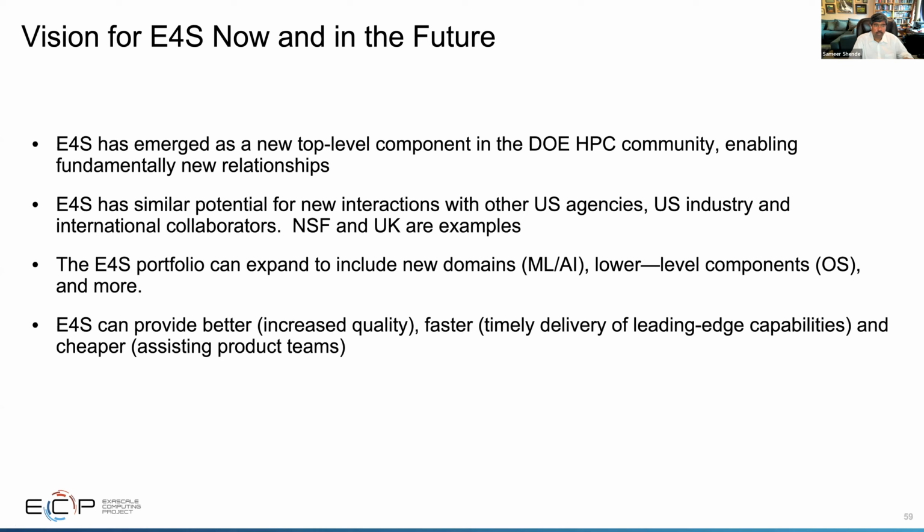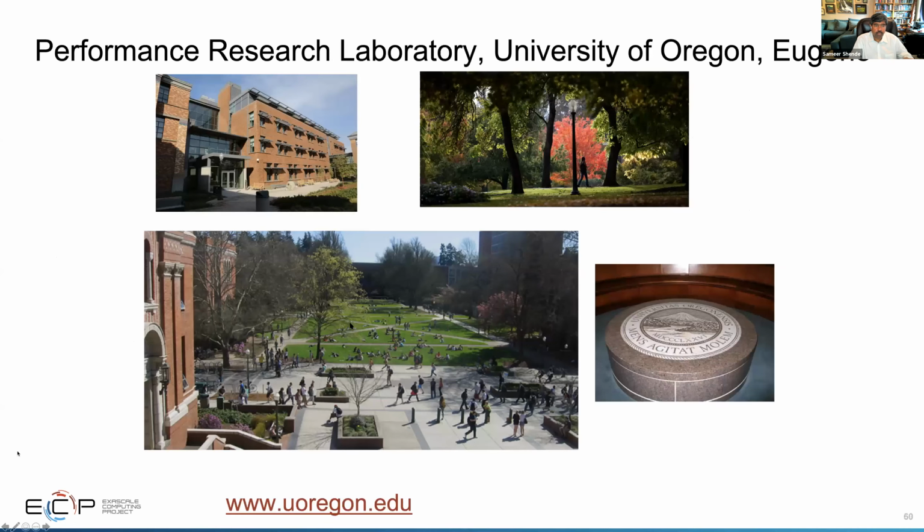NSF and UK are examples where we already have some relationships and we are in active collaboration. The E4S portfolio can expand to include new domains like ML, AI, and lower level components. It aims to provide better, faster, and cheaper capabilities through this software stack.